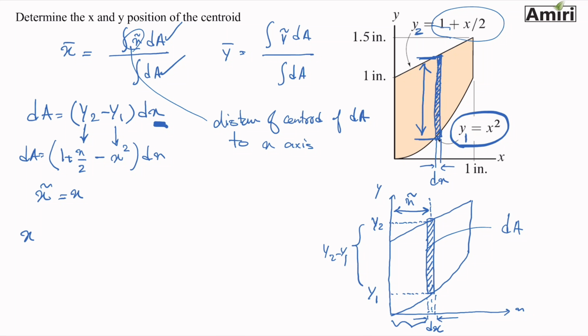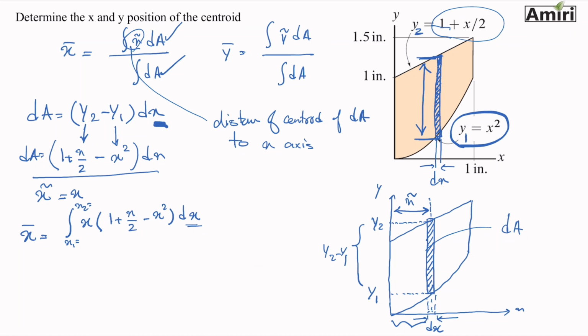All we have to do is plug these back in the integral. x tilde, I said it's equal to x. My dA is right here, 1 plus x over 2 minus x squared dx. I have dx as my variable, so bounds of integral go from moving on my x-axis. How do I know where to start?